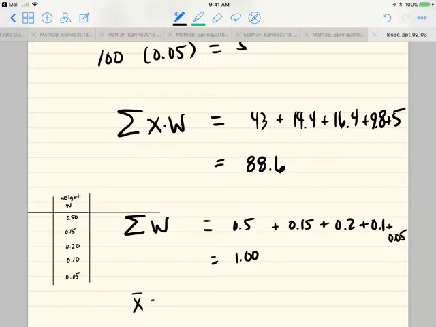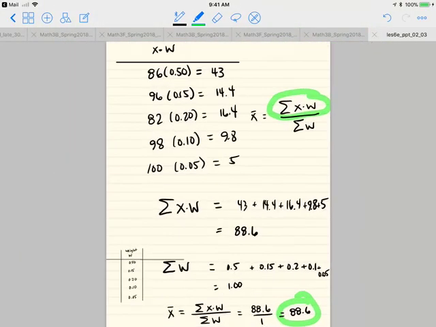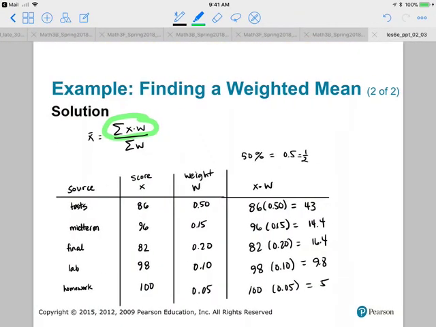So now my X bar, which is my sum of X times W over sum of W, the sum of the score times the weight divided by the sum of all the weights, is going to be 88.6 over 1, which is 88.6. So that student did not get an A because their overall average was 88.6, and they needed a 90 to get an A. All right.